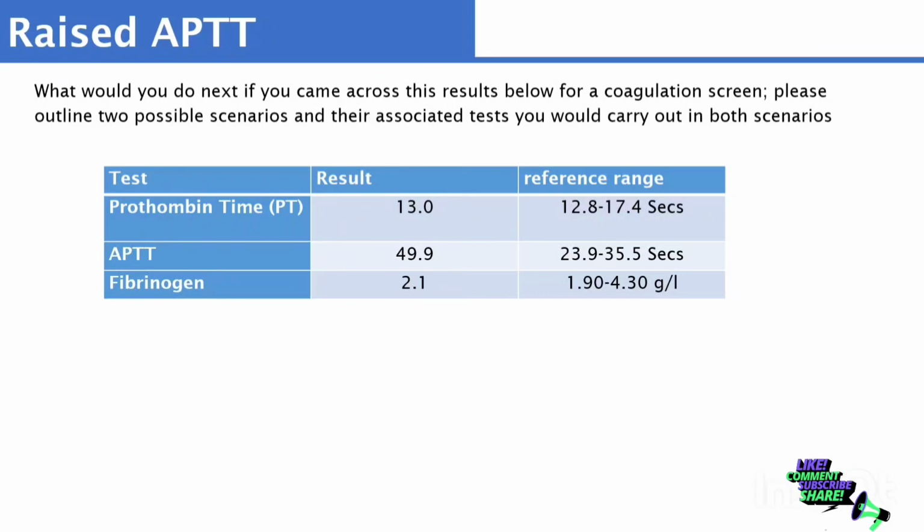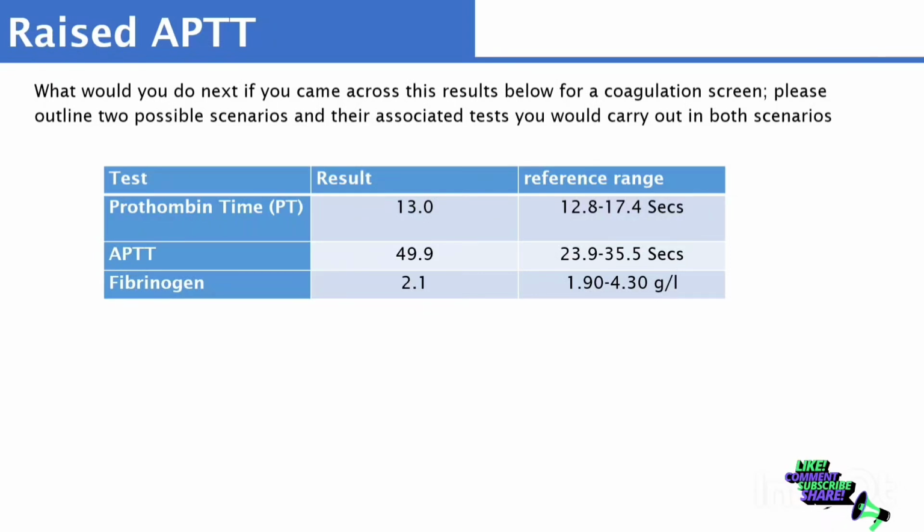Another thing we might need to do next is to investigate whether this patient is on any anticoagulant, perhaps something like heparin. So I'm telling you what you need to think about. We have to check the pre-analytical. Is it underfilled?